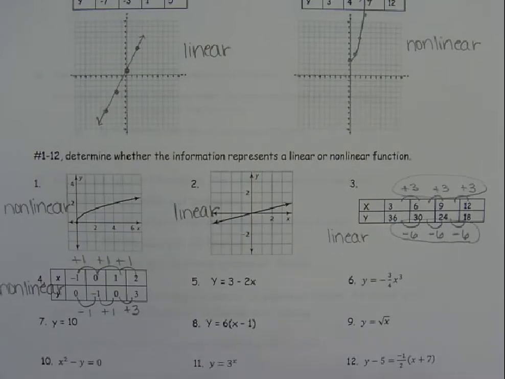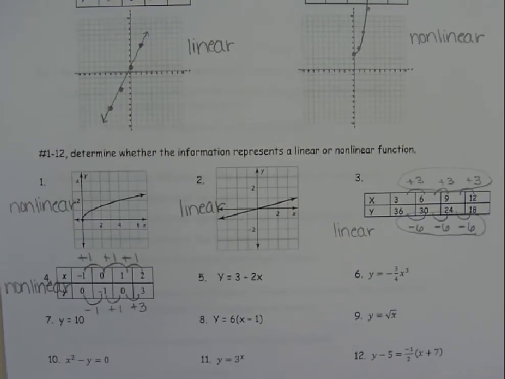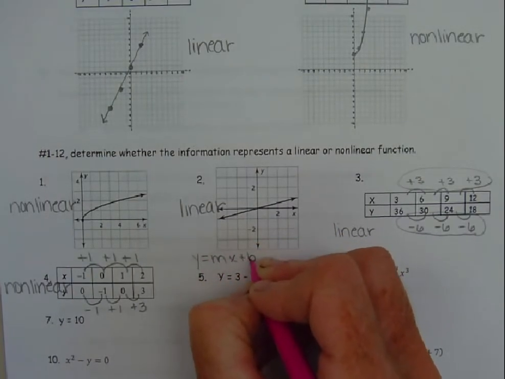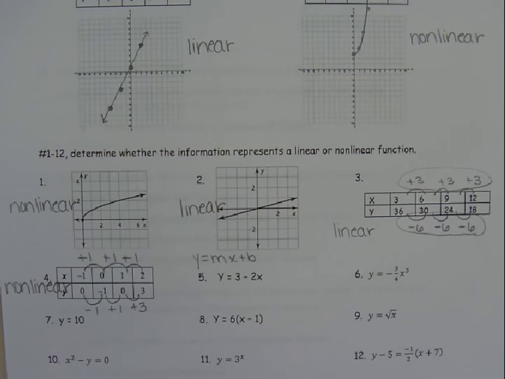Whenever you get to equations, what you have to decide is whether or not this equation can be represented by a linear equation. You guys are used to seeing linear equations written in slope-intercept form. So what you have to decide is, is there a way I can get this equation in slope-intercept form?